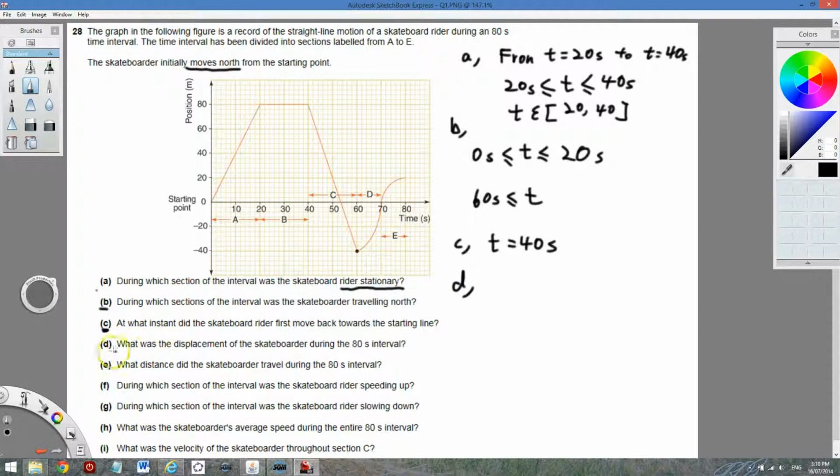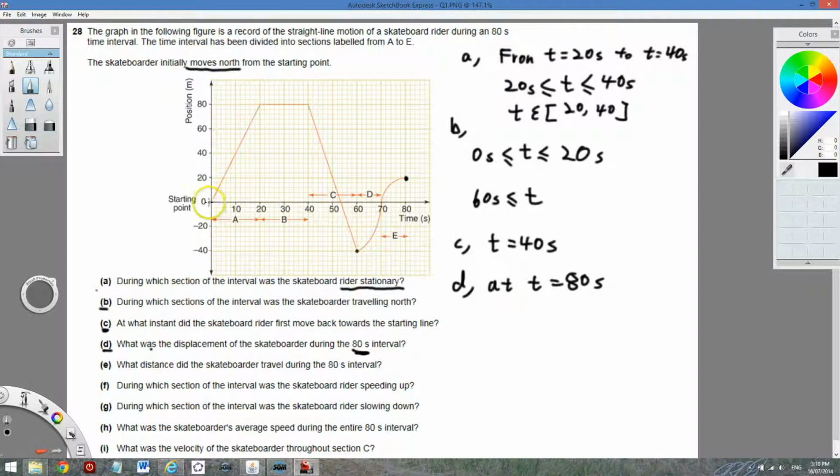Now, question D. It asks for the displacement during the 80-second interval. So at t equals 80, we can read its position is 20 meters to the north.